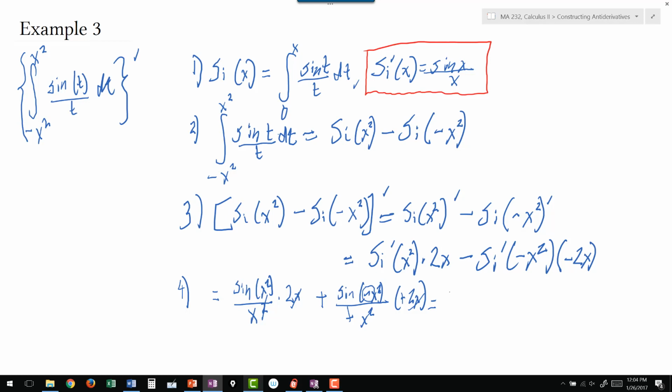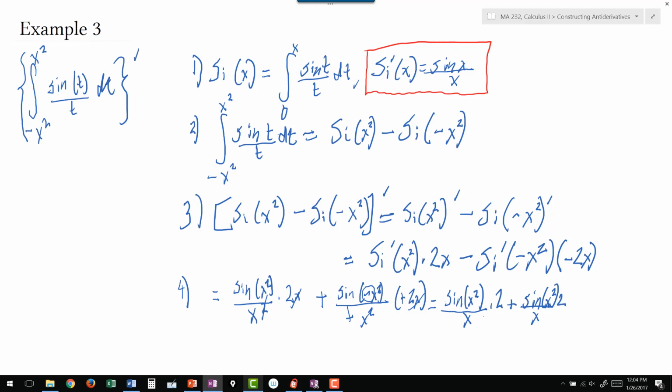So in the end, what I should get is sine of x squared over x times 2, plus sine of x squared over x times 2.